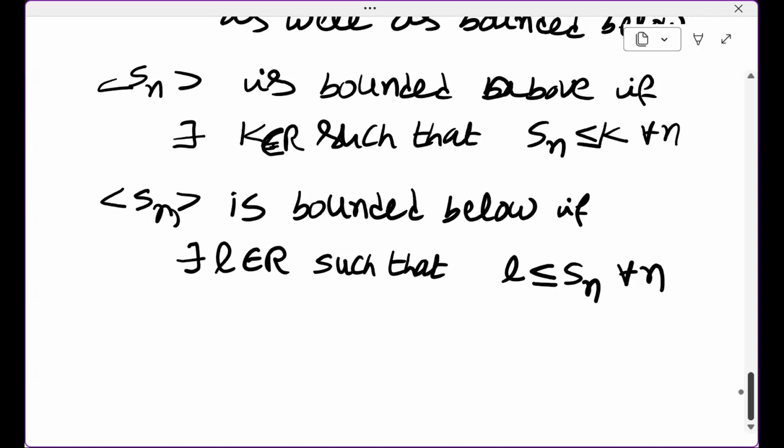If the nth term is greater than or equal to L for all n, L is called the lower bound. If the range is bounded, then automatically the sequence is bounded. So if there exist a lower bound and an upper bound, it is said to be a bounded sequence. Bounded above as well as bounded below, then it is a bounded sequence.